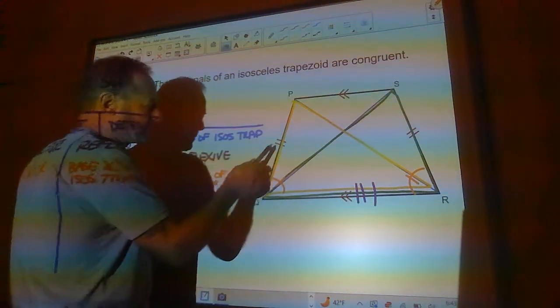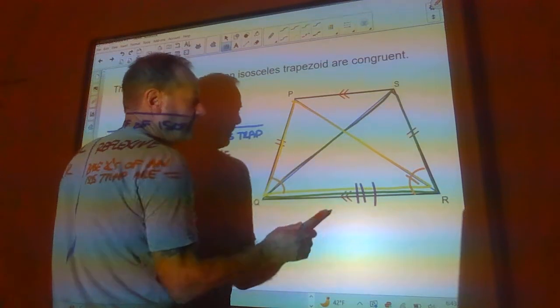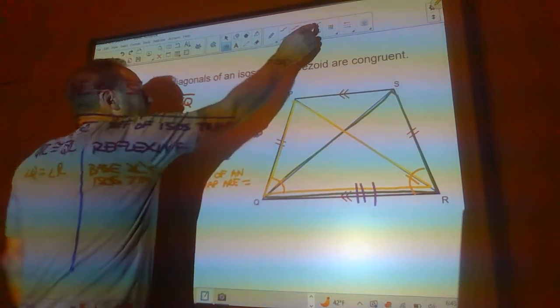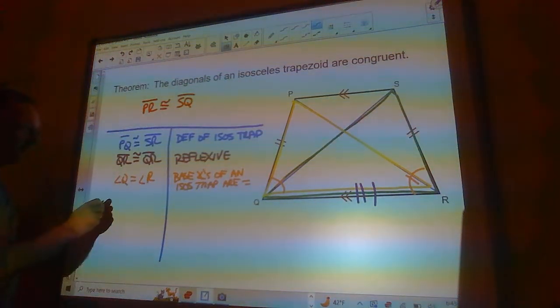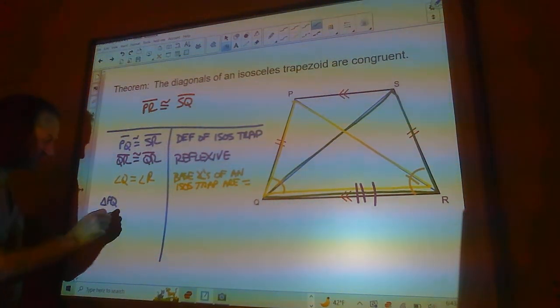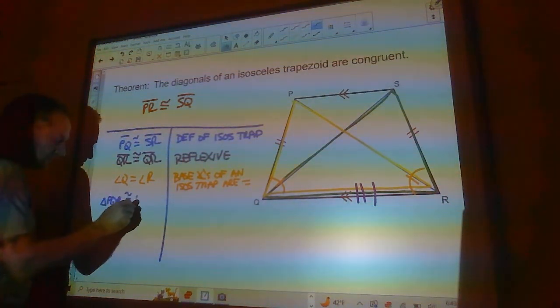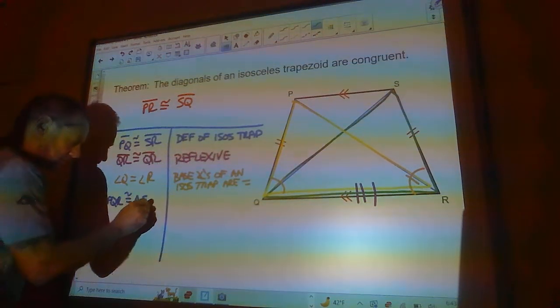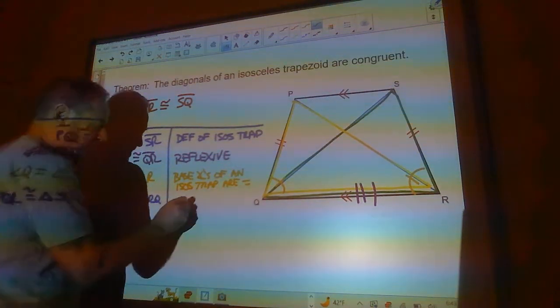Now look at this. In the yellow triangle, we have side, angle, side. And in the green triangle, we have side, angle, side. So we can say that triangle PQR is congruent to triangle SRQ by side angle side.